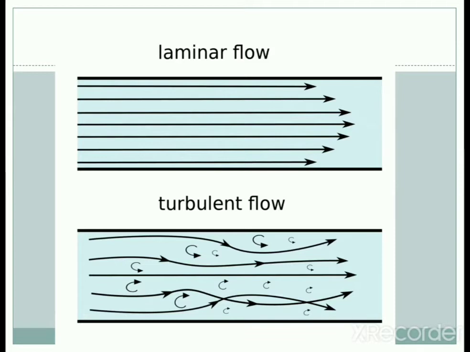See again the flow. In laminar flow, at the center the speed is maximum, and at the wall of the container the speed is less. That is the laminar flow. And in turbulent flow, all particles move randomly.